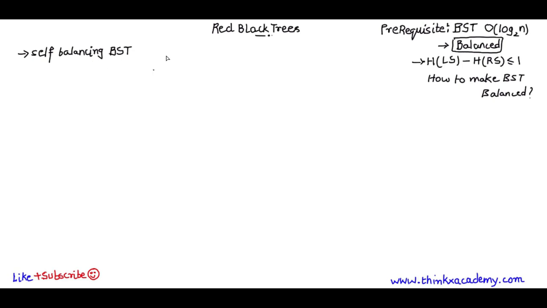Basically, every node in a red-black tree follows some rules. So I'm going to write here: a red-black tree is a self-balancing BST where every node follows these rules.